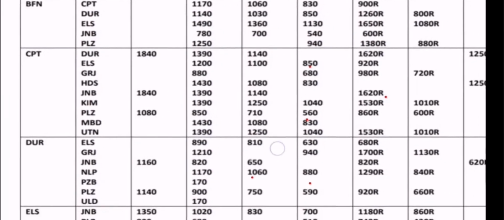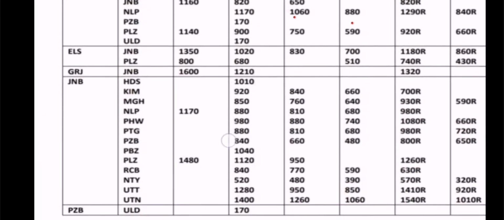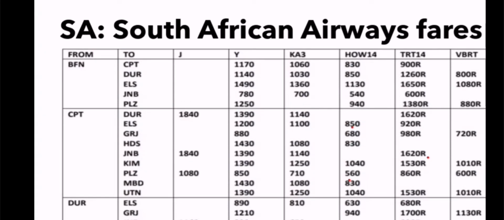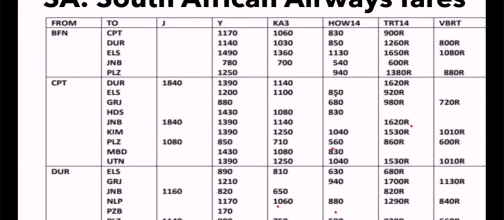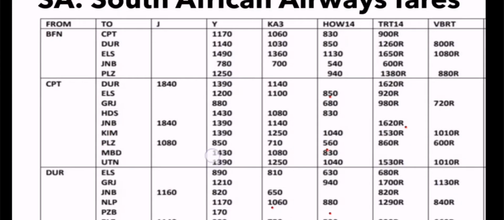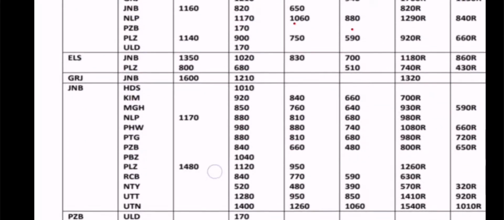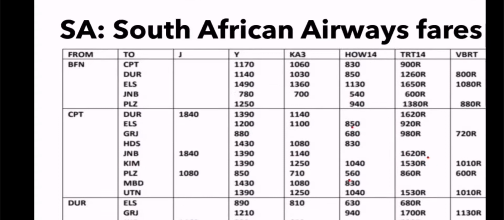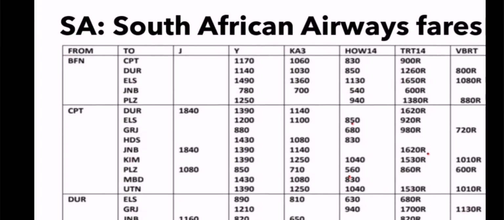So the first column has information for each city you are able to depart from. Then the second column says to, so it lists all the cities that you can go to from each city. So when they say please look for a flight departing Cape Town to Johannesburg, you will come here and go from Cape Town to Johannesburg. Cape Town, Johannesburg, there it is.